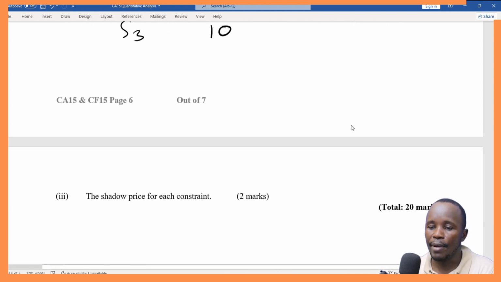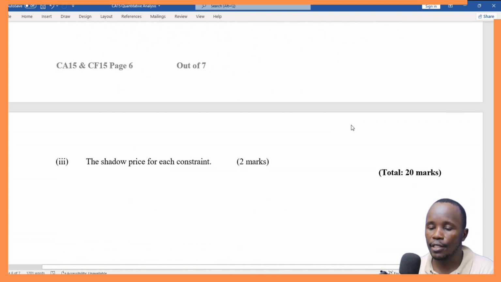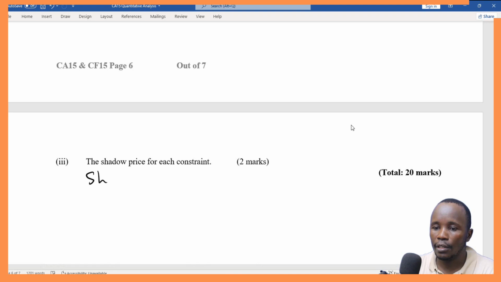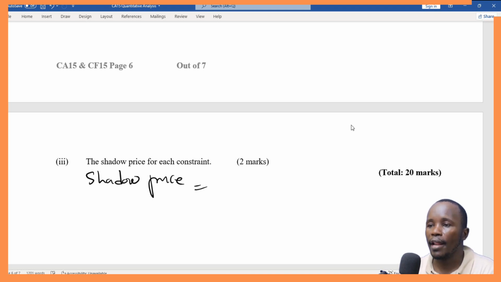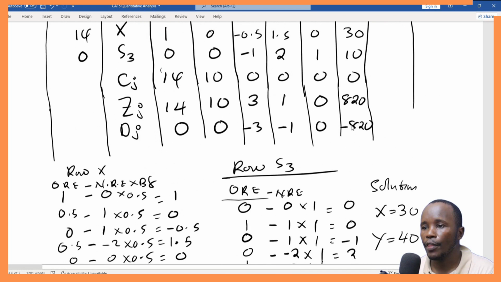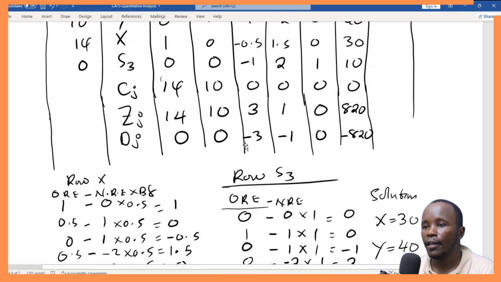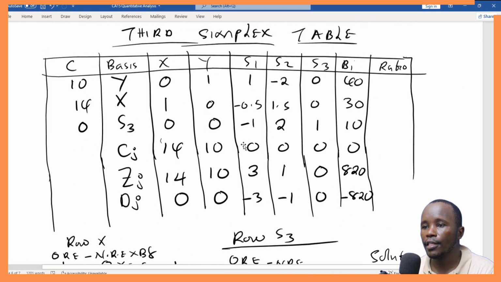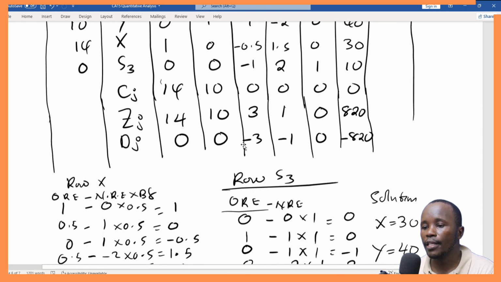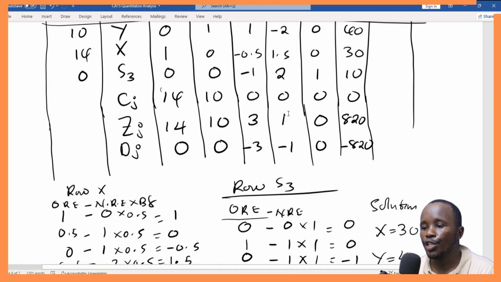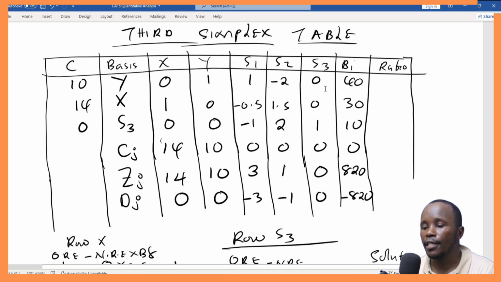Good. The last part you are told is shadow price. The shadow price, you come and read them at the table bottom here. S1 is -3, S2 is -1, and S3 is 0.